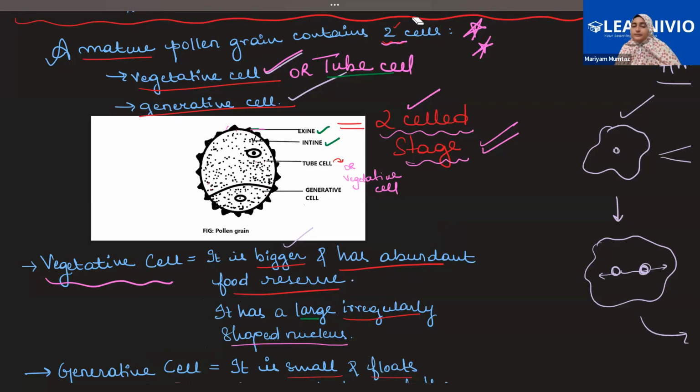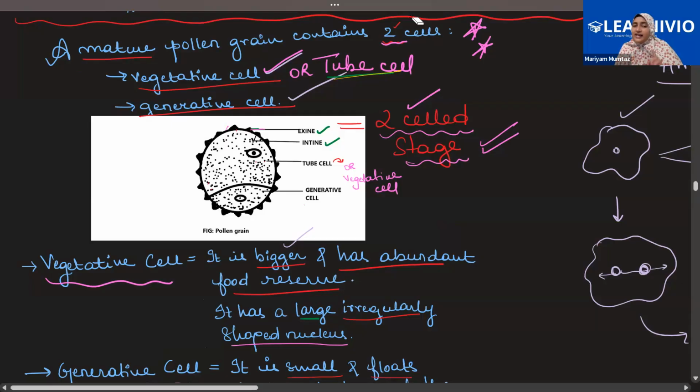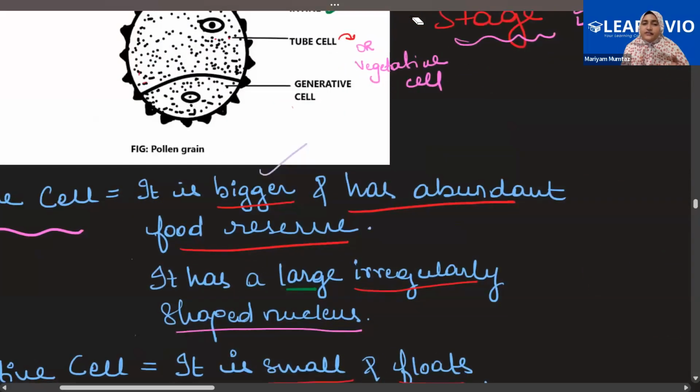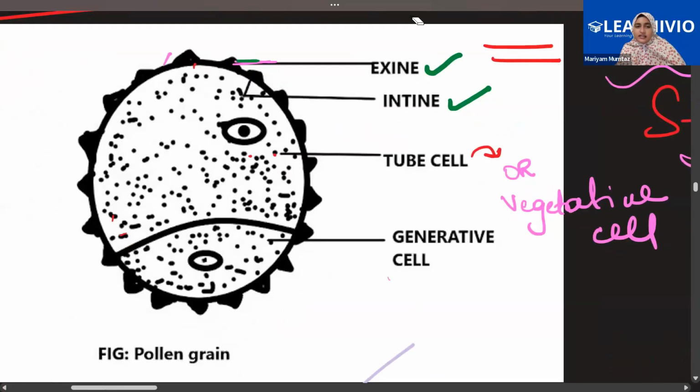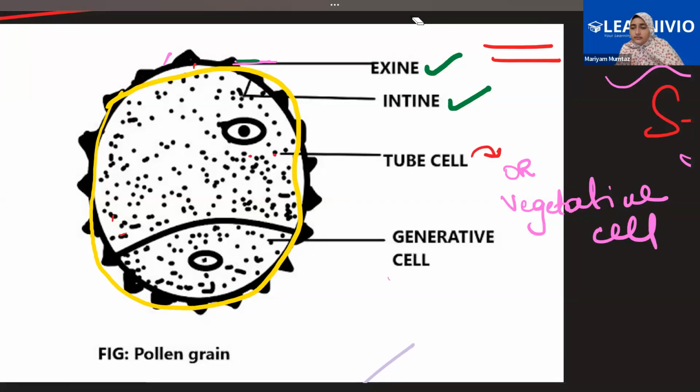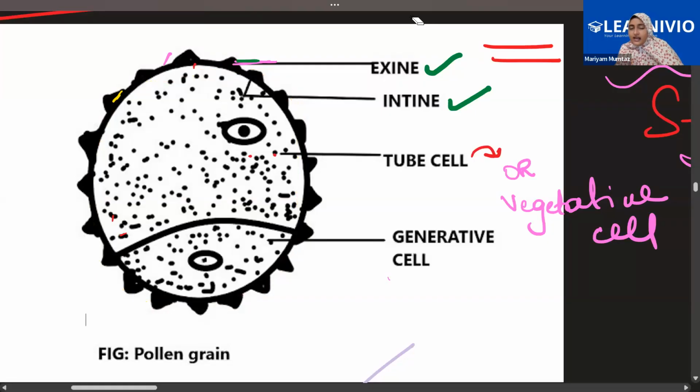We are going inside. So it has a vegetative cell, which we can also call the tube cell, and it has the generative cell. Now, if you look at this picture, the outermost layer is called the exine, and the innermost layer is the intine.